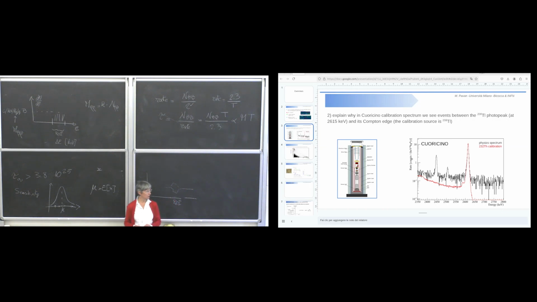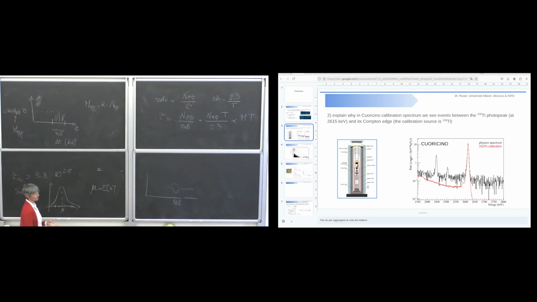The red histogram is the result of a calibration. I normalized the red histogram in order to have the 2.6 MeV peaks with the same height.